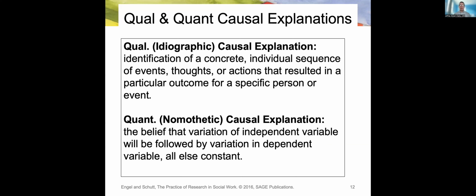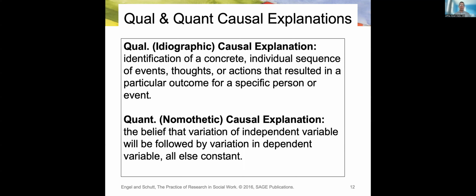Now, we can do it through qualitative research, where we call those idiographic explanations. Through your qualitative research, you identify a very specific sequence of events or thoughts or actions that then result in a particular outcome for that person. So maybe you're working with an individual, following them over a period of time.